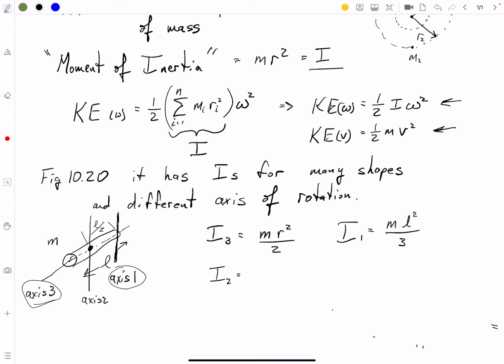So we've got the mass of the object times the radius squared, and we're going to divide that by 4. And we have to add the mass of the object times the length squared and divide that by 12. Okay, so why is axis 2 so much more complicated than the other two?